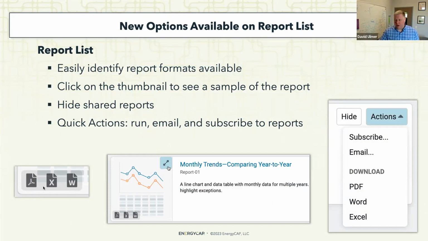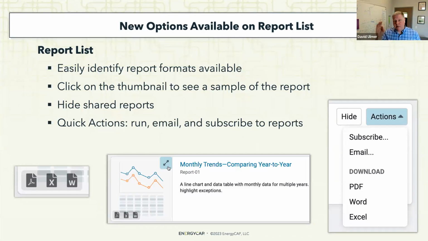That's what I'm showing here in the bottom left. These little icons tell me that this report is available as a PDF and as Excel and as Word. This is how they appear in context within a particular report list. So you can quickly, just at a glance, identify the formats that a particular report is available in.